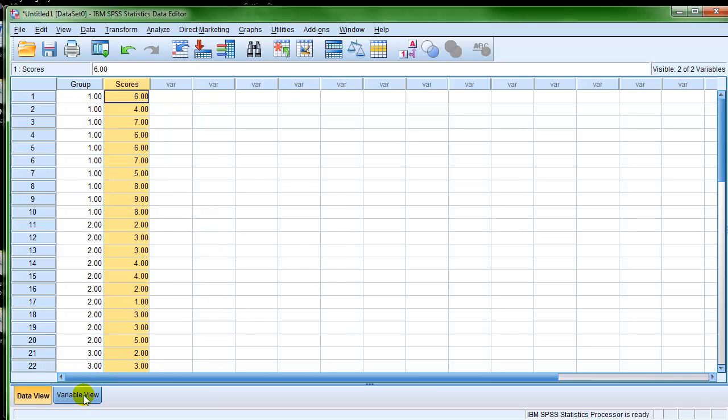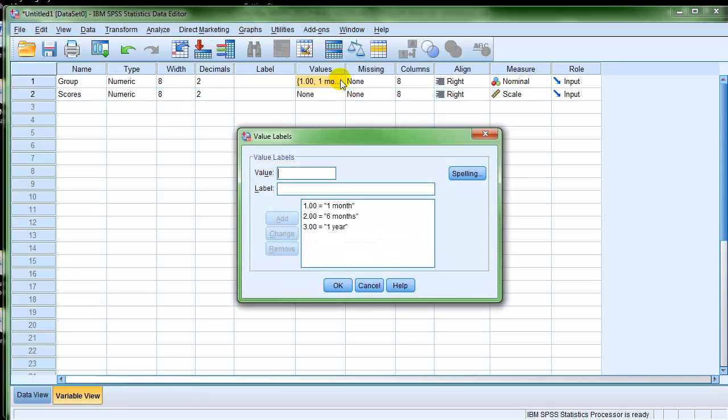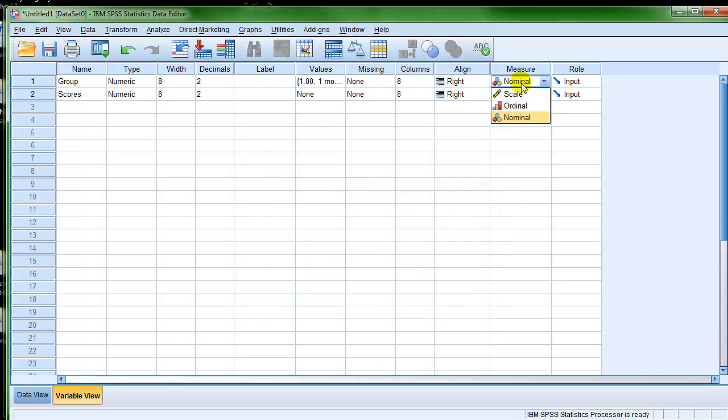So if we go to variable view, here's our grouping variable, and I put in the value labels. 1 equals 1 month, 2 equals 6 months, and 3 equals 1 year. So those are our 3 groups that we're comparing. And this is a nominal variable. And then we have our scores, which is a scaled variable.